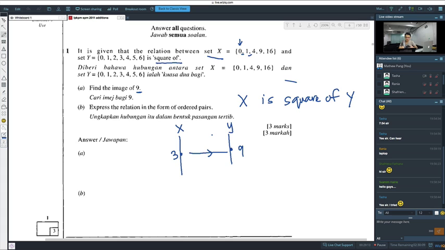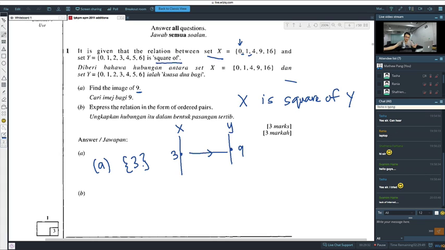So the first one is very simple. For part A, you just write the answer is 3. I think it's very simple. Or you can write the whole sentence like the marking scheme. The marking scheme basically will say, 9 is the square of 3, so the image of 9 is 3. You can write the whole sentence. It's fine.